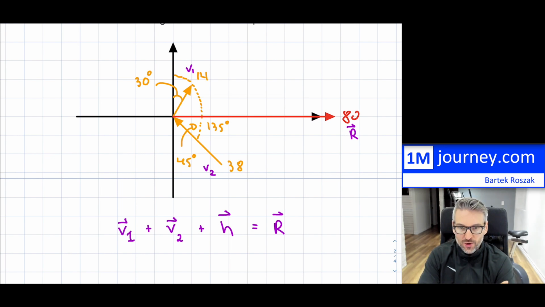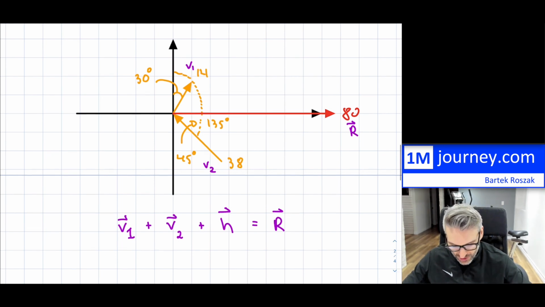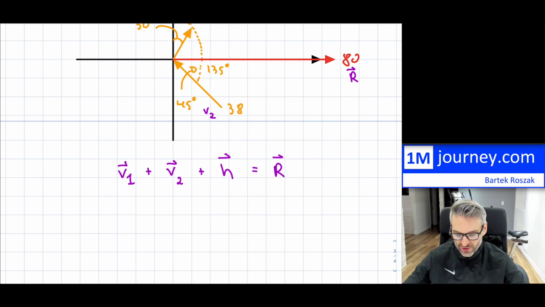Now for our resultant, on the right-hand side, because there's three of them. If it was two, then I can very easily go back and start using the cosine law and then the sine law to find it all out. Here I can actually break it down into all its components and then find out what this will be.